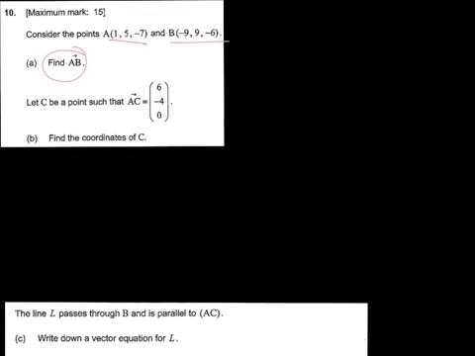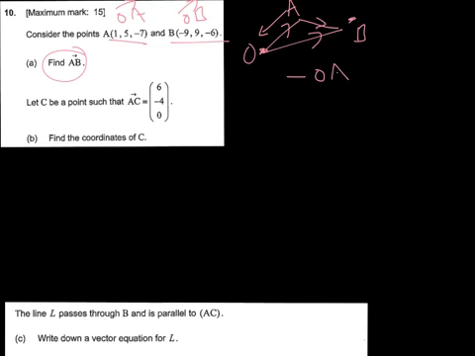Because we've got the coordinates here, in effect this is the position vector OA, and this is the position vector OB. Remembering that, suppose this is the origin here, and this is point A, and this is point B. If we wanted to find vector AB, that is the same as going the opposite direction here, so this would be AO, or indeed negative OA.